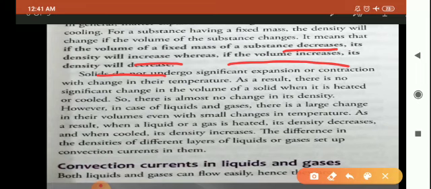Suppose we are heating any substance, so what is happening here? You already have studied that generally matter expands on heating and contracts on cooling. So on heating, if the matter is expanding, what does it mean?